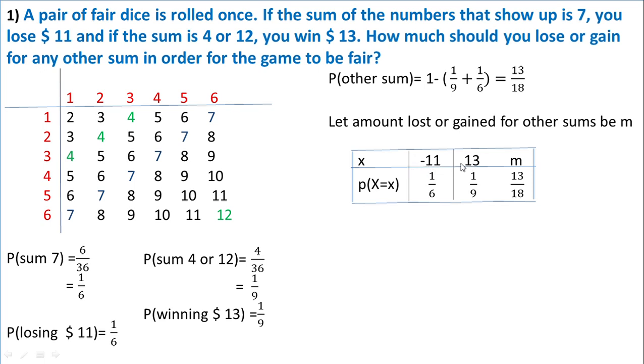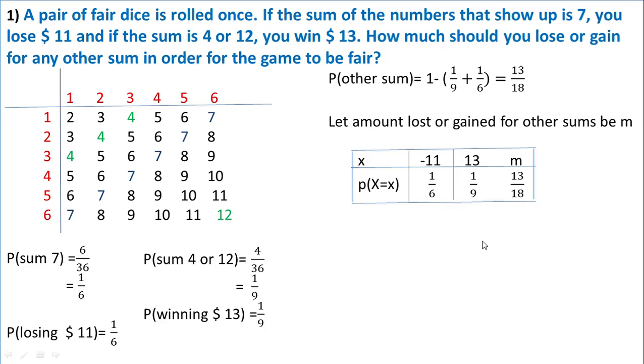Gaining is positive, gaining $13 has probability 1 out of 9, and we don't know M, what we gain or lose for other sums, but the probability of other sums is 13 out of 18.